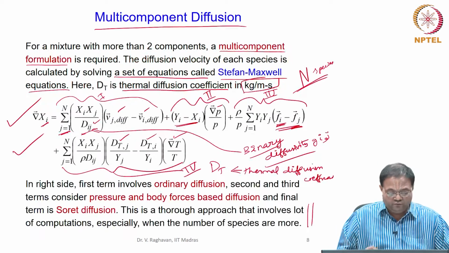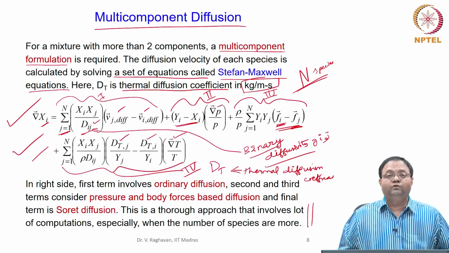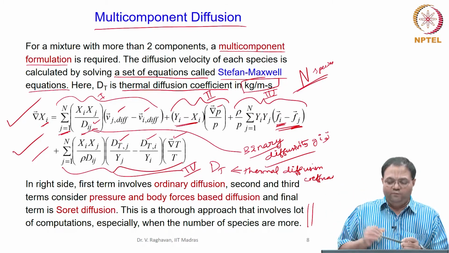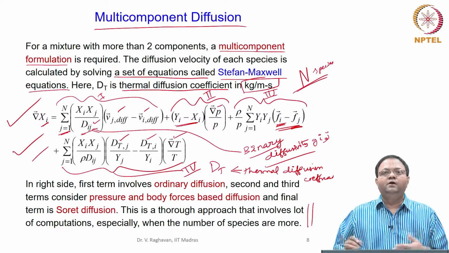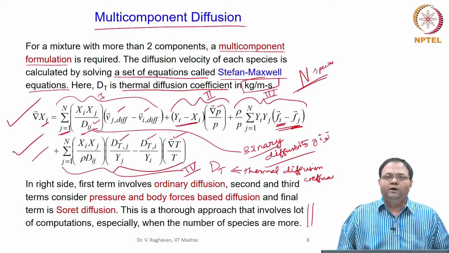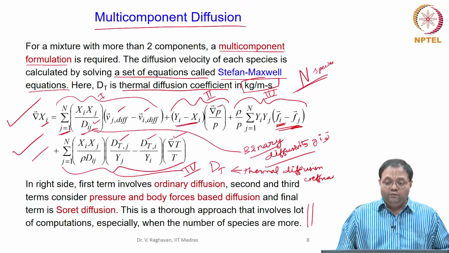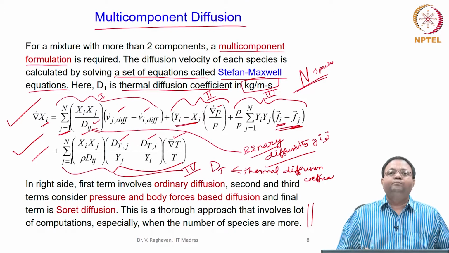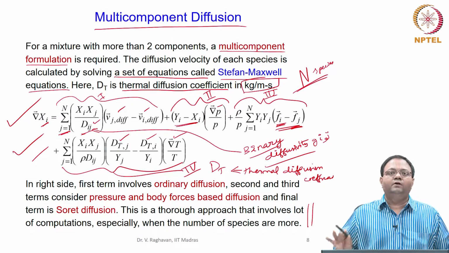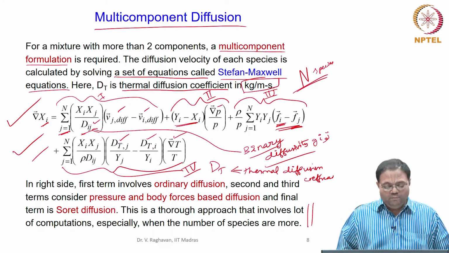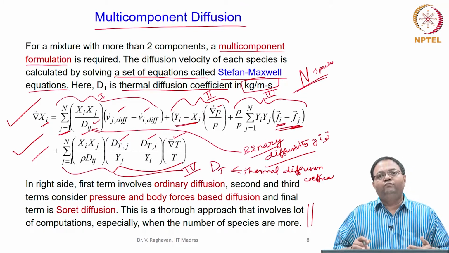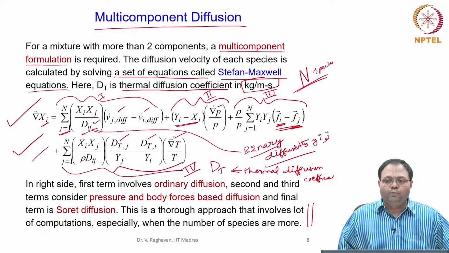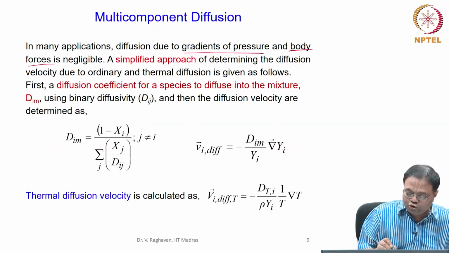If you solve this set of Stefan Maxwell equations while numerically modeling and simulating a flame, then that approach is called the full multi-component diffusion approach. But it is not easy to do for all problems. It is fine for some set of problems, but not for all. So we need some simplified approach.